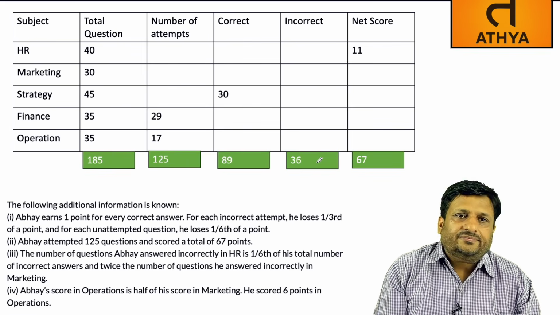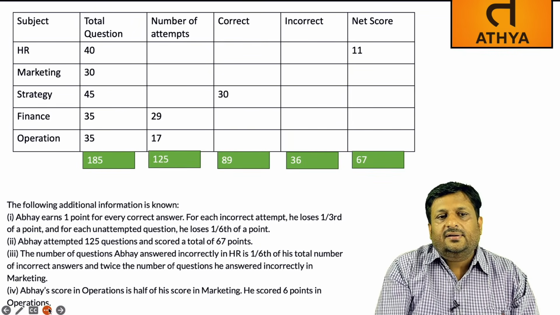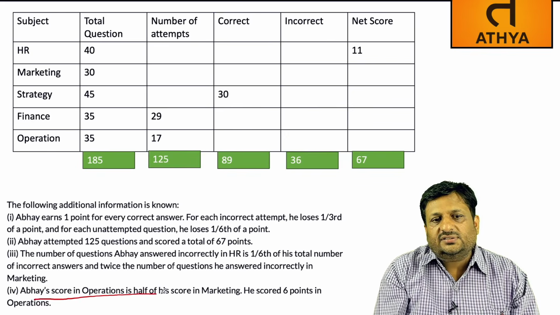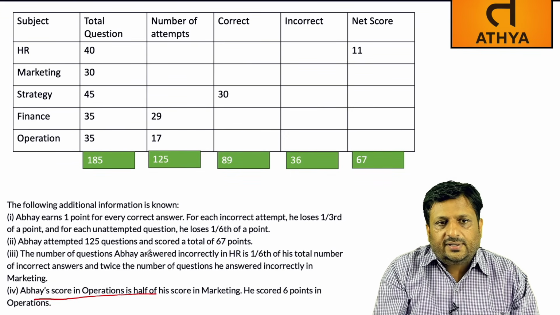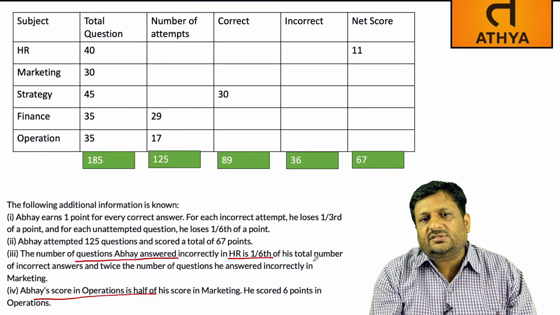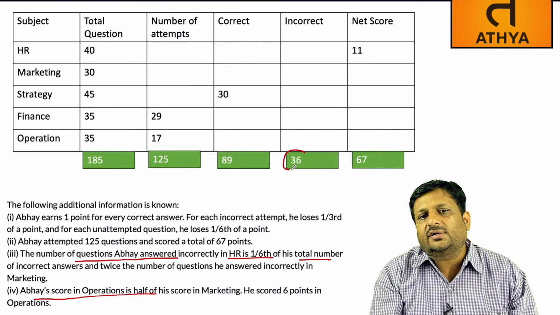Okay, now it is given to me that the number of questions Abhay answered incorrectly in HR is 1/6 of his total number of incorrect questions. The total number of incorrect questions is 36.